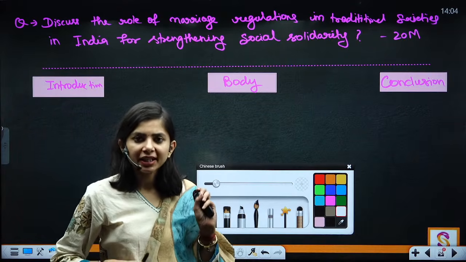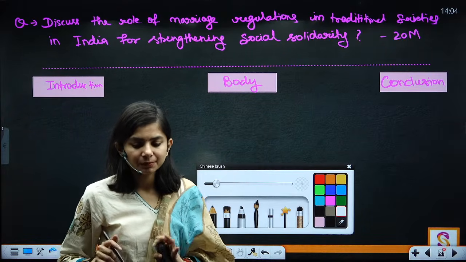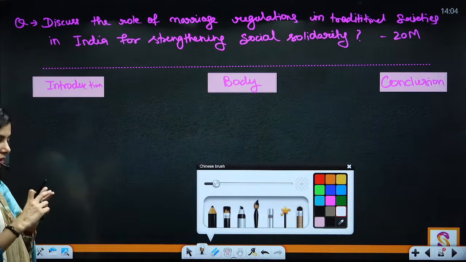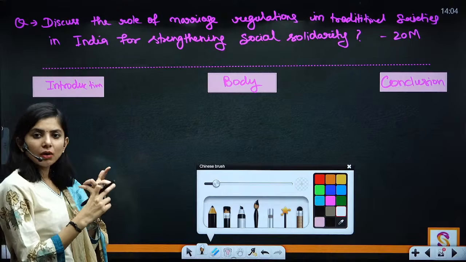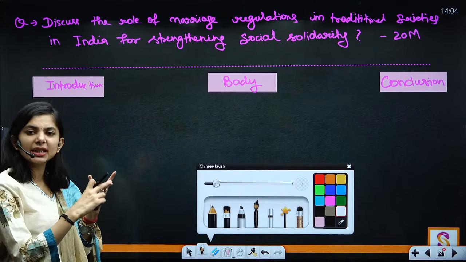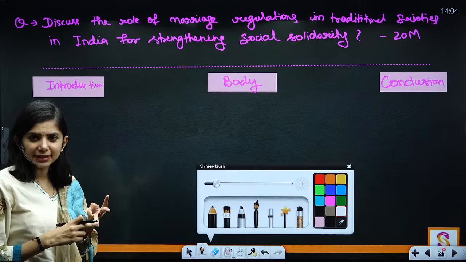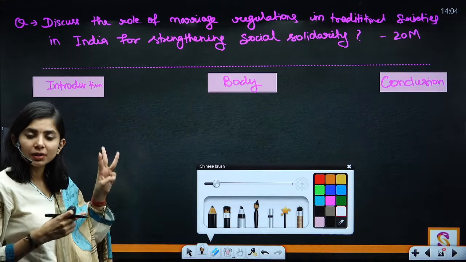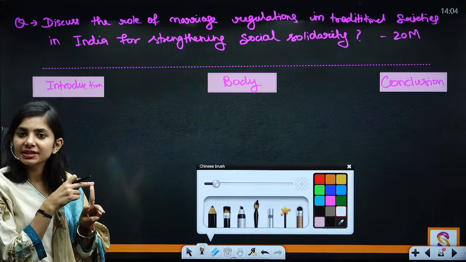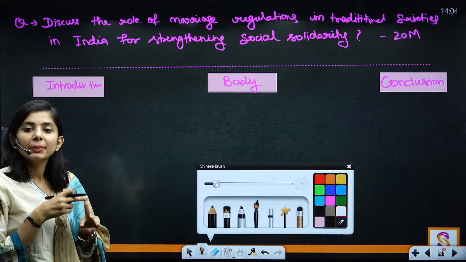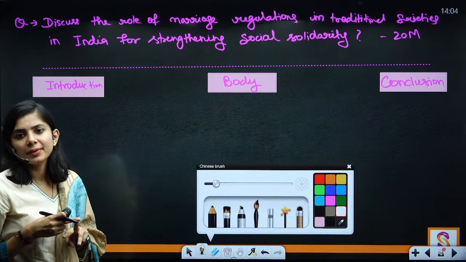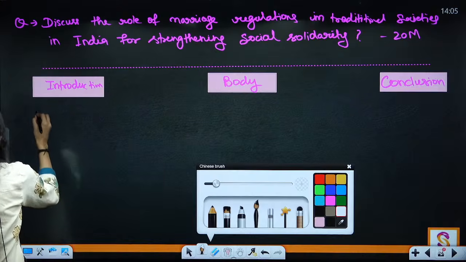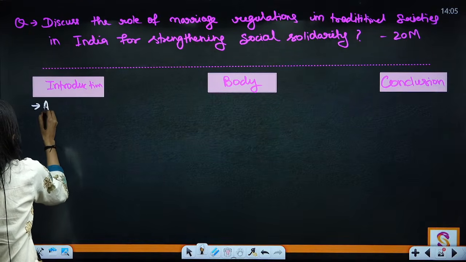So this is what they are asking us to explain. Now, for the introduction, either I can start with the meaning, the basic definition, or an example. Which approach is best for this question? Mentioning the anthropologist's name and definition, because with its help I would be explaining marriage as well as marriage regulation. So here I will start with the anthropologist's name.